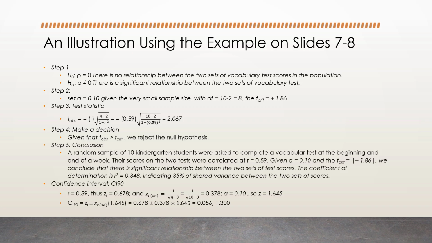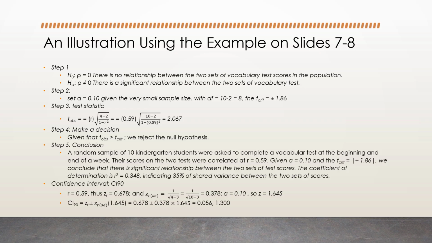In the kindergarten vocabulary example, R equals 0.59. To test whether it's significantly different from 0, I used alpha equals 0.10, given the small sample size n equals 10. The critical t-value with degrees of freedom 8 and alpha 0.10 is plus or minus 1.86.